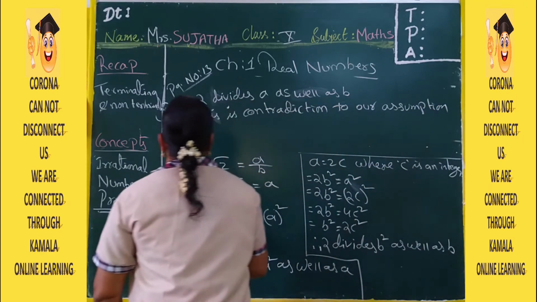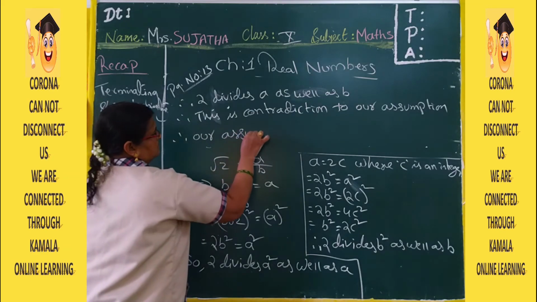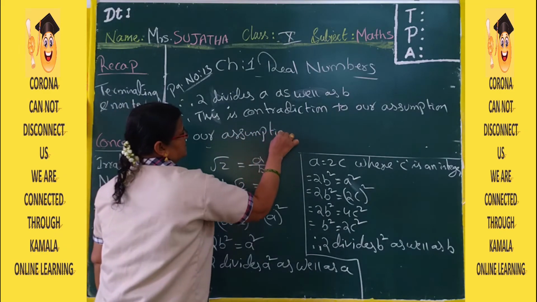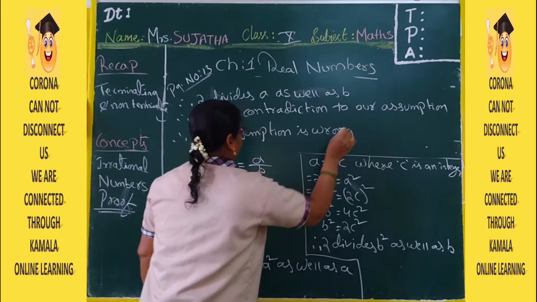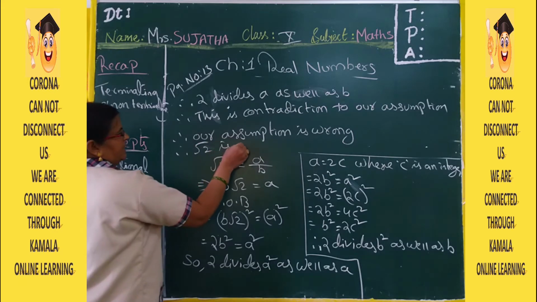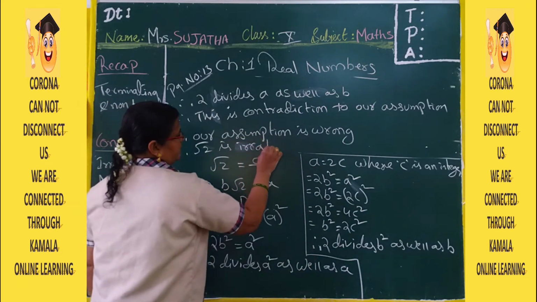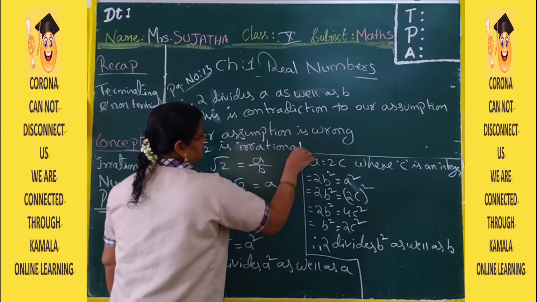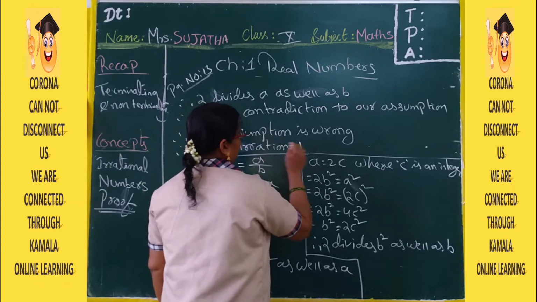Okay. Therefore, our assumption is wrong. So, what is correct? Therefore, root 2 is an irrational number. Compulsorily you have to prove it in this way only.